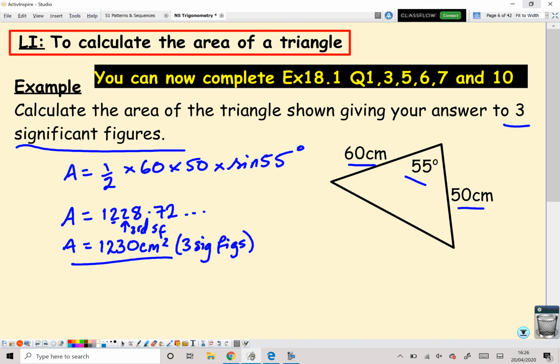What we'll do next is I'll probably do another video that gets you to use the area of a triangle formula in a different way, so that instead of working out the area, we'll give you the area and you have to work out the angle. So we'll be working backwards. That'll be the next video we'll do, and then from there we'll move on to take a look at the sine rule. So give those questions a go.